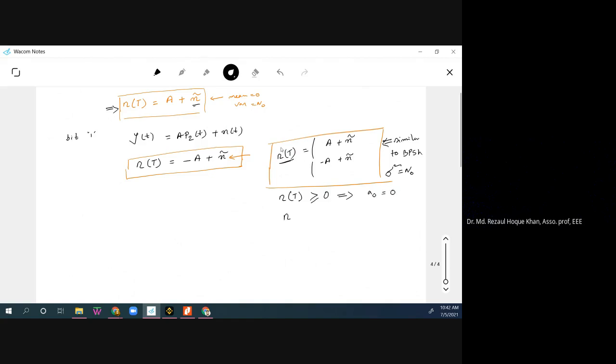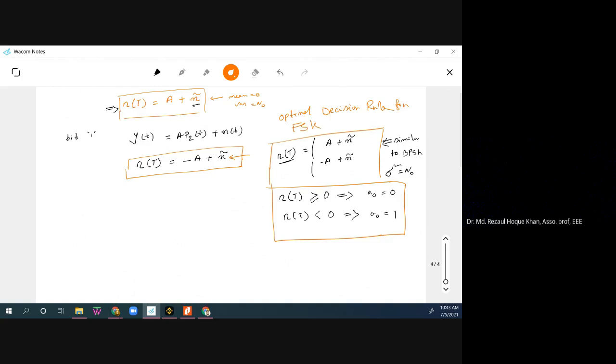And if R(T) is less than 0, we decide A0 equals 1. So this is actually our optimal decision rule for FSK.